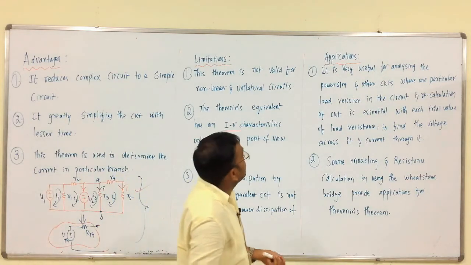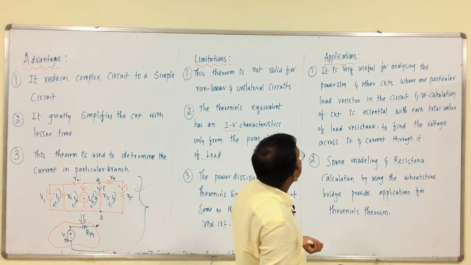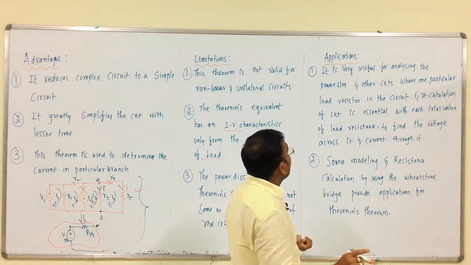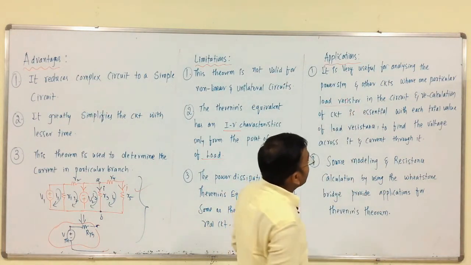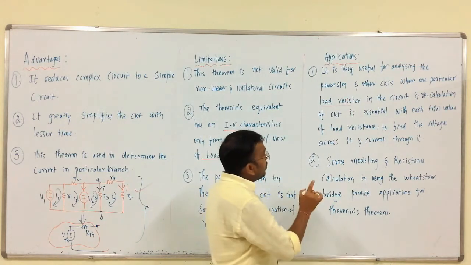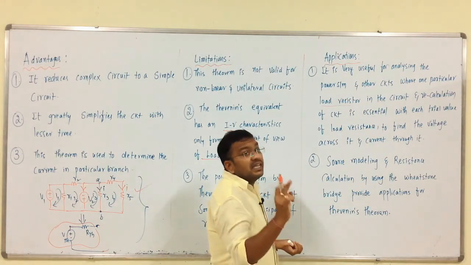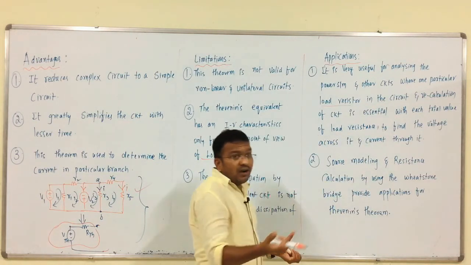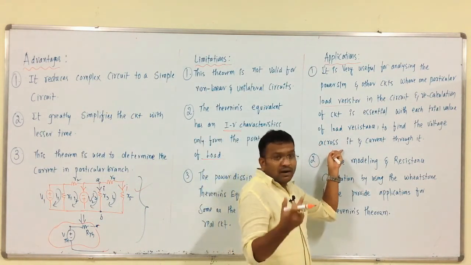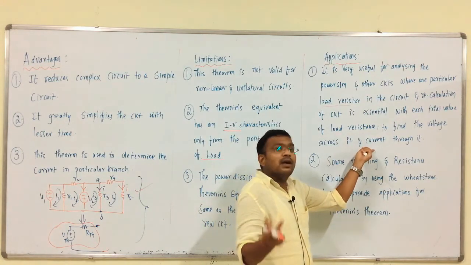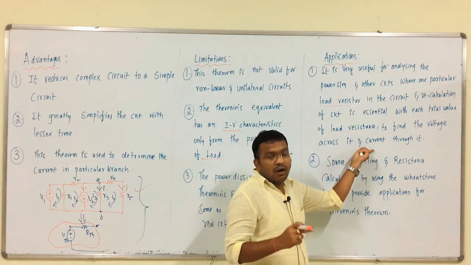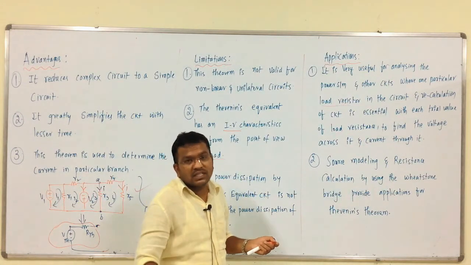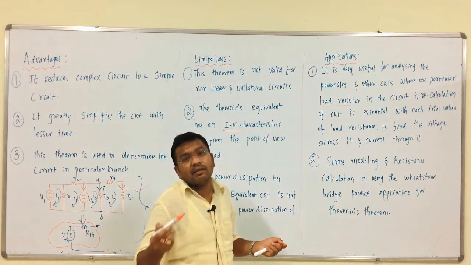Coming to the applications, it is very useful for analyzing the power system and other circuits where one particular load resistance is in the circuit and recalculation of the circuit is essential with each trial value of load resistance. For what? To find voltage across it and to find current through it. So, in order to analyze the power system, we have to calculate the load resistance by trial and error method.